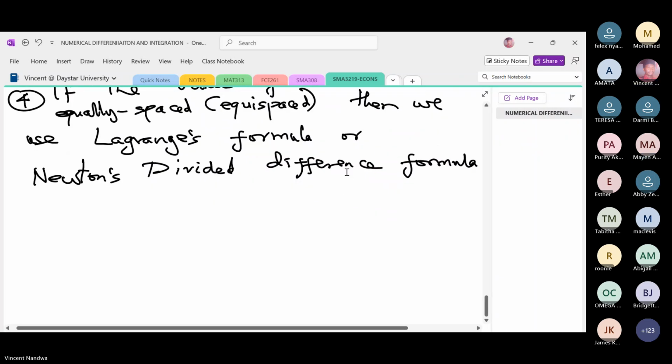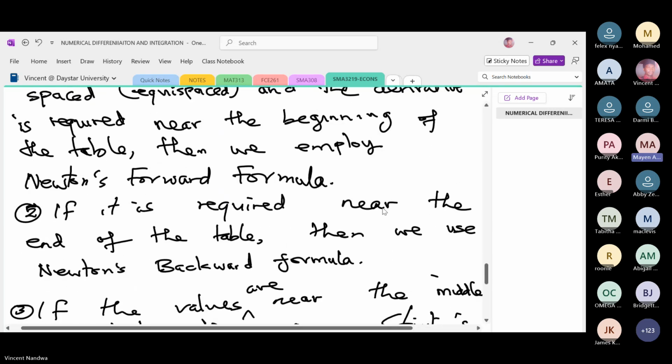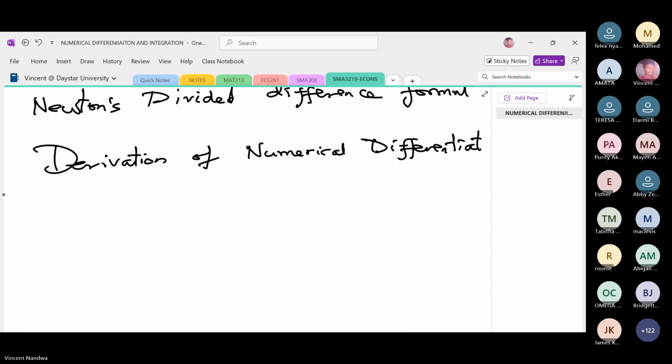So, derivation of numerical differentiation formula using Newton's forward interpolation formula.